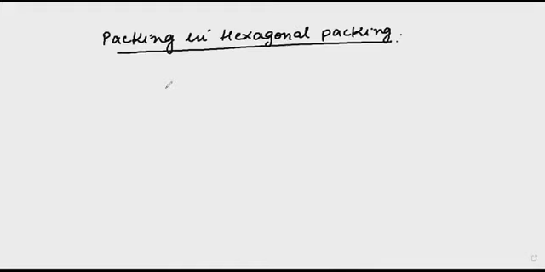We already found out the Z value of that one in a previous one. This is 12 into 1 by 6 plus 3 is to 1 plus 2 is to half. This is coming always as 6.